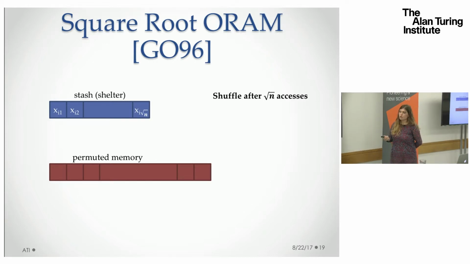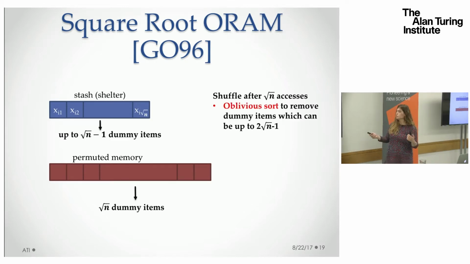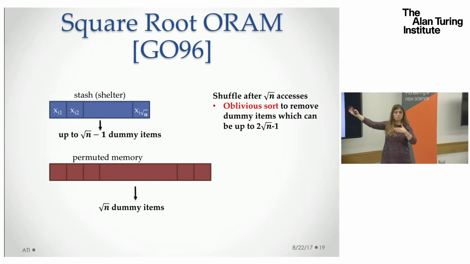This is not so cheap in secure computation. In particular, if you want to do this as a two-party computation, you need first to do oblivious sort to remove all the dummy items, both from the stash and the permuted memory, because you don't know which ones of them are dummy. And you might have up to 2 square root of n minus 1 dummy items.